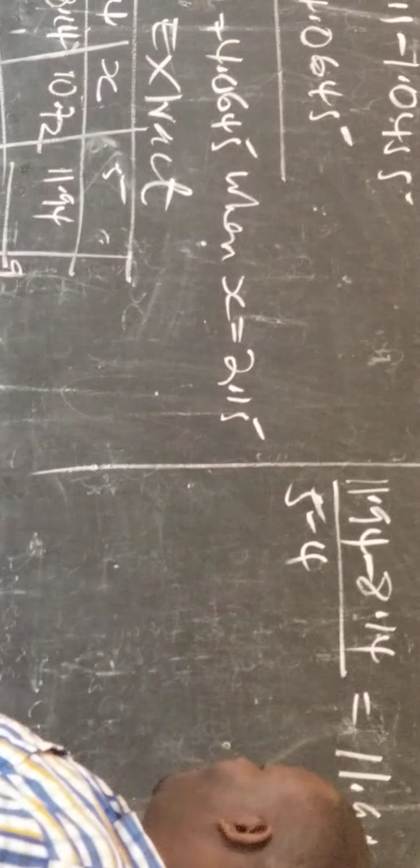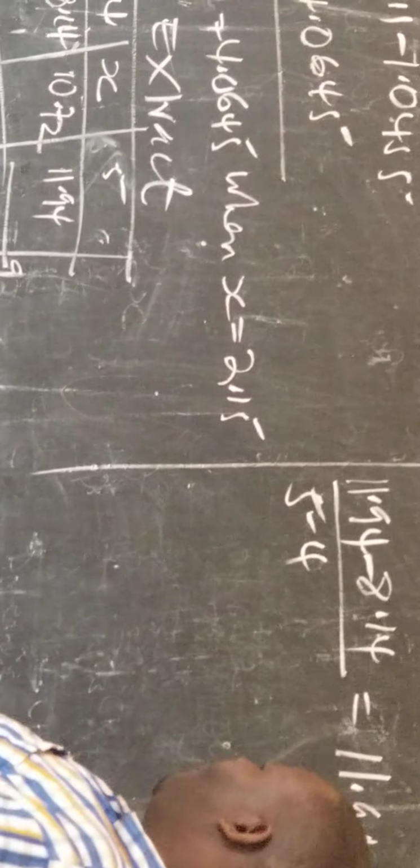So x will equal 17.78 divided by 3.8, which gives us 4.6789. We maintain a good number of decimal places for accuracy purposes.